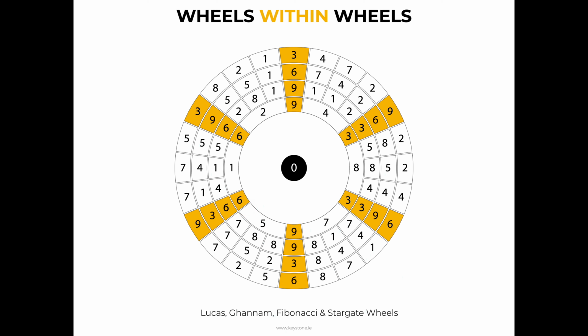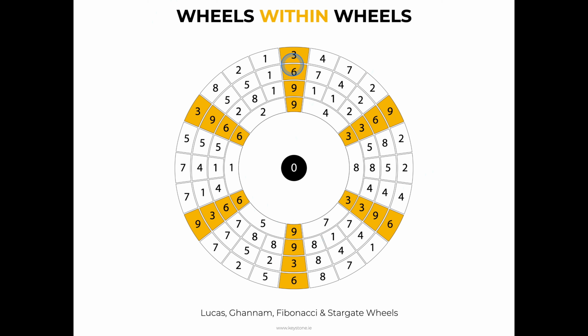Here we have overlapped the Lucas, which is the outer wheel, the GHANNAM, the Fibonacci, with the Stargate wheel. In this example, each of these white sections will add to 1, will add to 2, 4, 8, 7, 5. And you notice that if we align the white sections, the golden sections change.